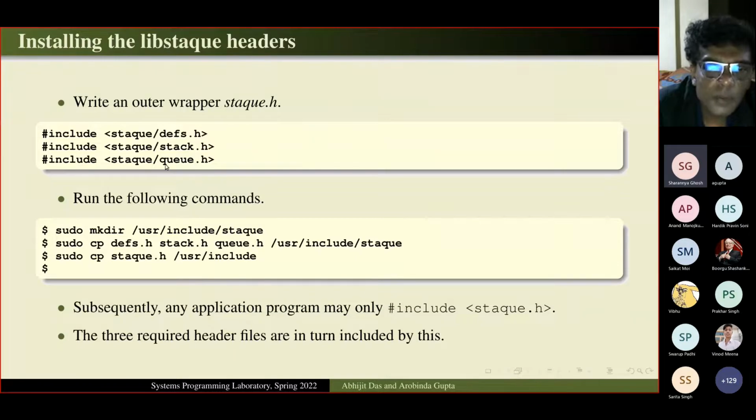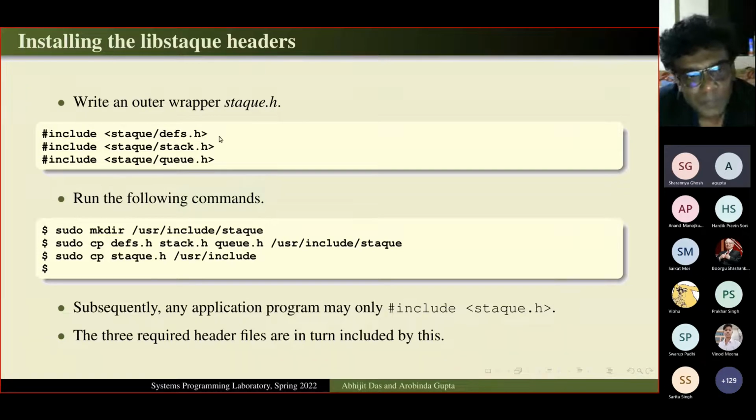So recursively, this will be included, and if there are further hash includes there, those things will be included. Those are the exact 3 lines that will be there in staque.h. So when you include staque.h, its effect will be to first include staque/gets.h, staque/stack.h, staque.h, one after the other.